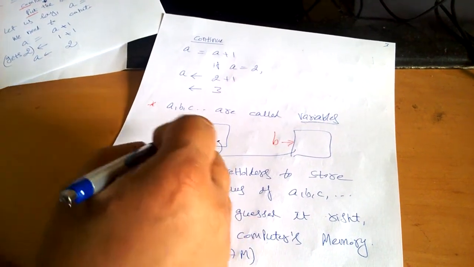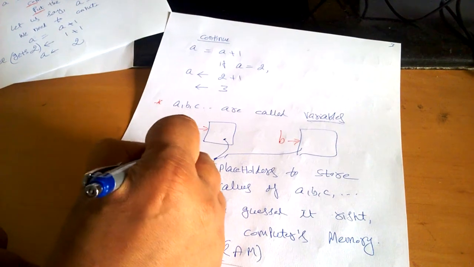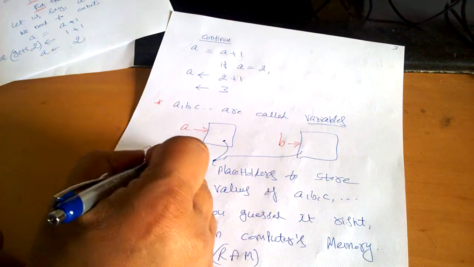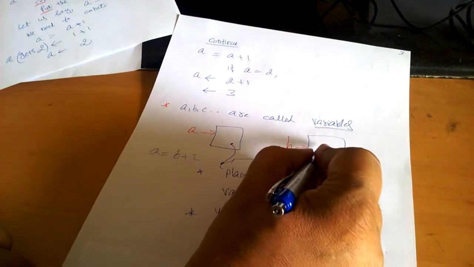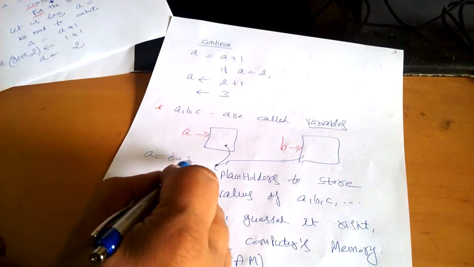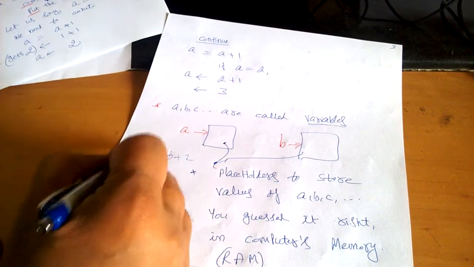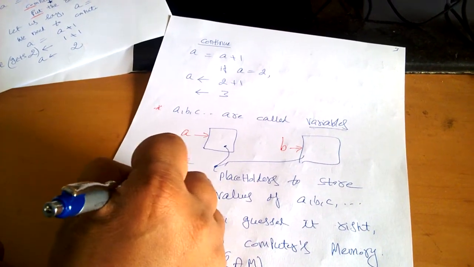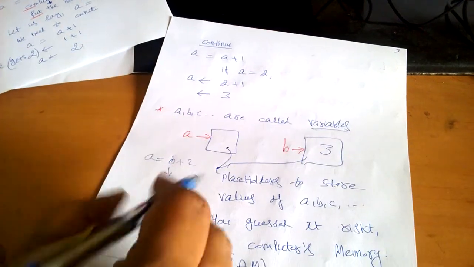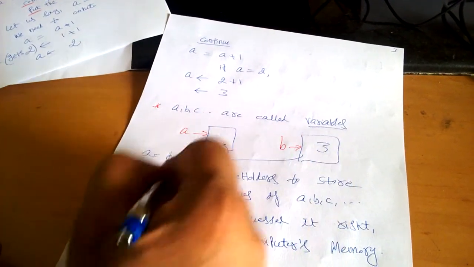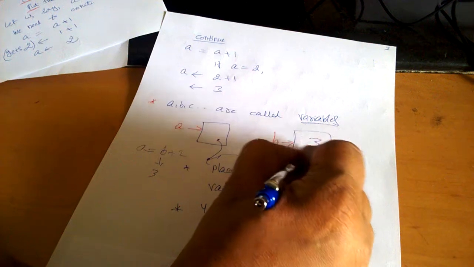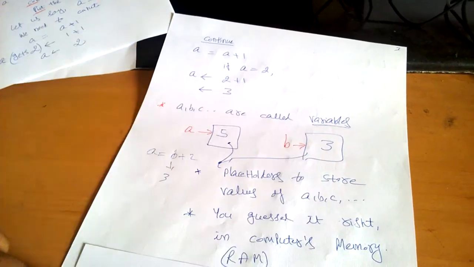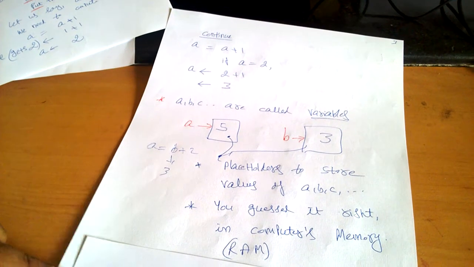When you say, for example, a is equal to b plus 2, it goes to b, takes the value whatever is there, adds 2 to it and puts the result back into a. That means here, let's say b is 3. It will go to b, get the value 3, plus 2 is 5, and then put 5 back into a. So that's what happens here.